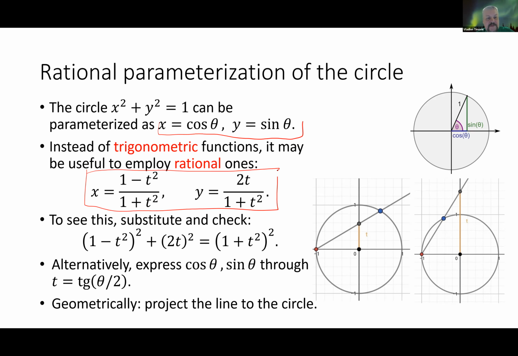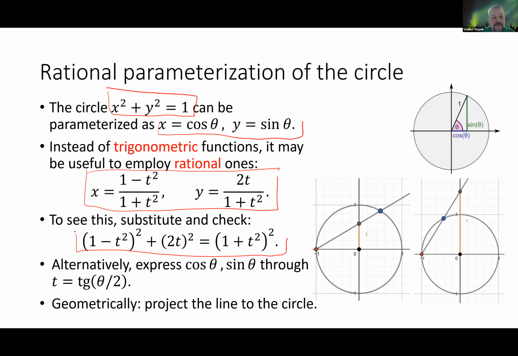And to see why this parameterization works, you can do several things. One possibility is just to substitute these expressions into the equation of the circle, into x squared plus y squared equals 1, and verify it. So you see that you get the true identity.